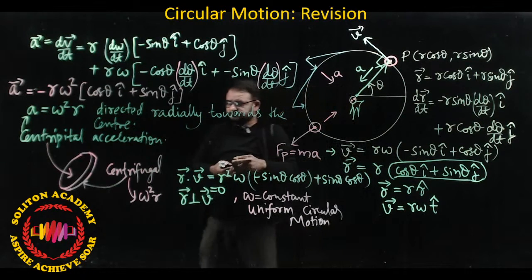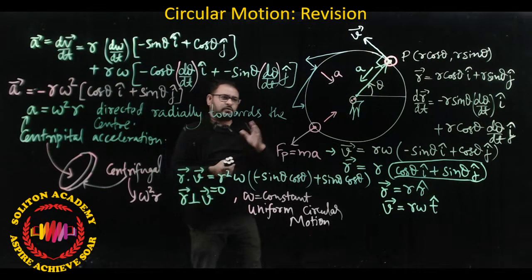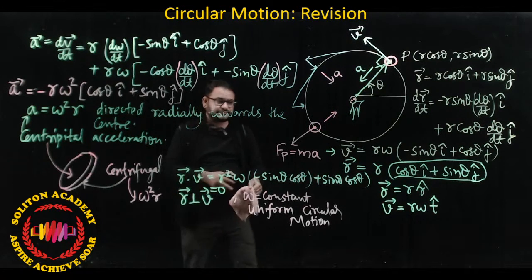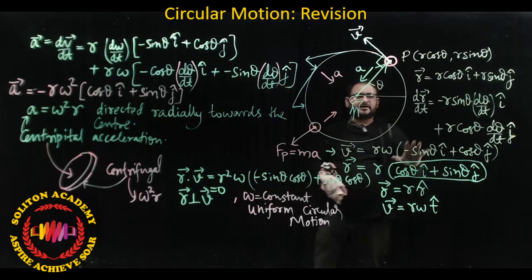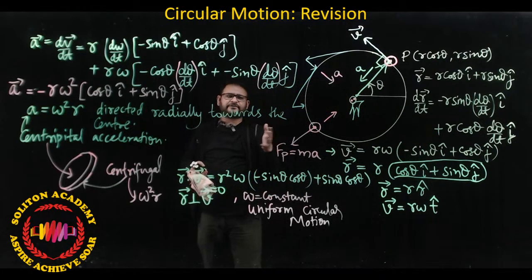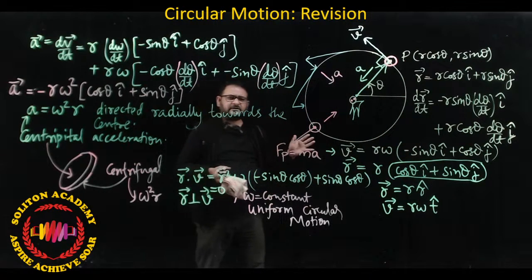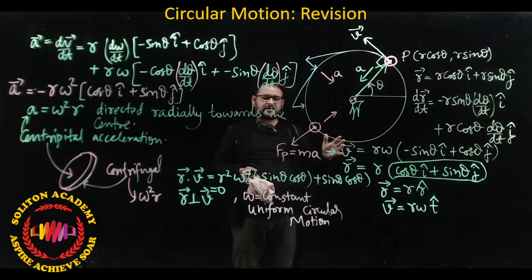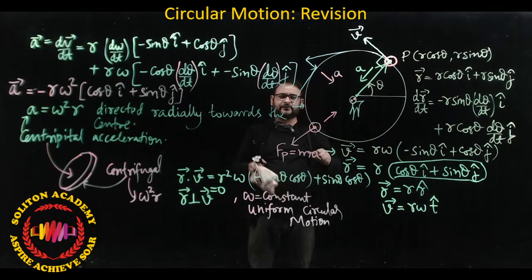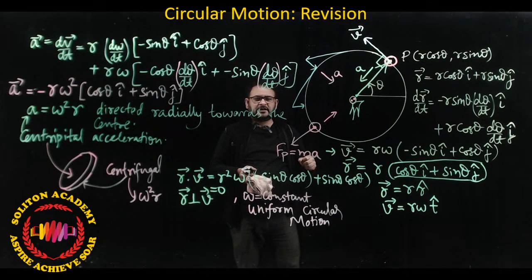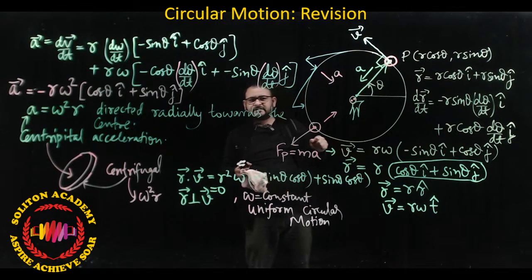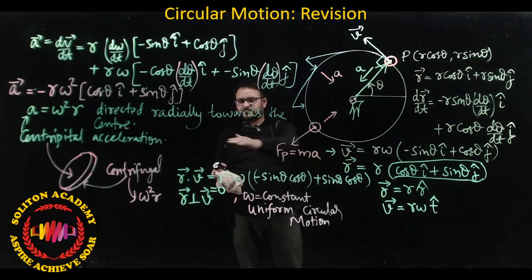I think we have discussed quite important points. So let me go to the previous year questions, and then wherever necessary we will do the theory. We'll do the banking on a road. In circular motion there will be many cases. For example, when you turn on a road on a bicycle, when you take a steep turn, you tilt towards the center of the circle, right?